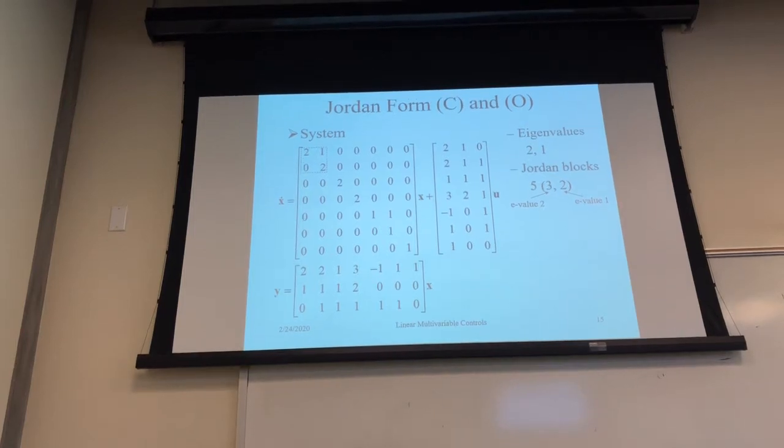So what is a Jordan block? You have 5 blocks. For the first eigenvalue, I have 3 blocks. For the second eigenvalue, I have 2 blocks. 2 Jordan blocks. Interesting.